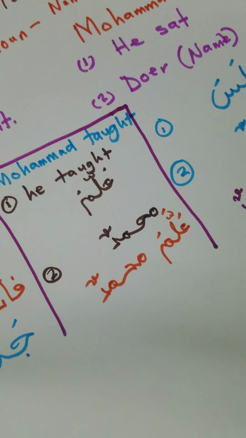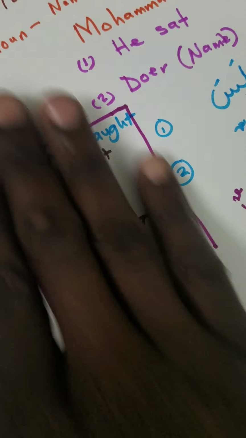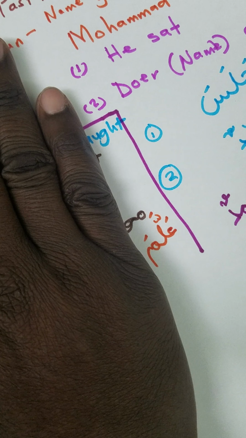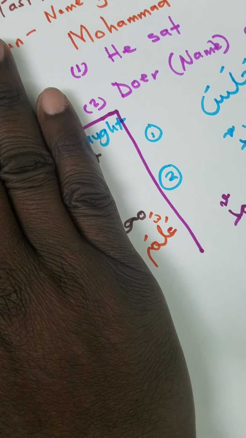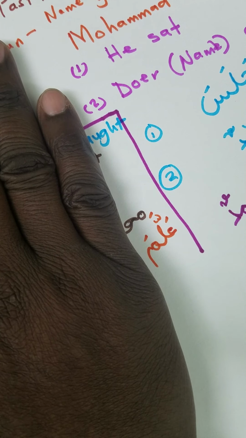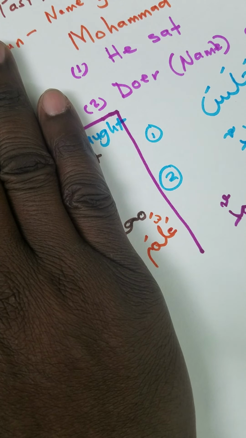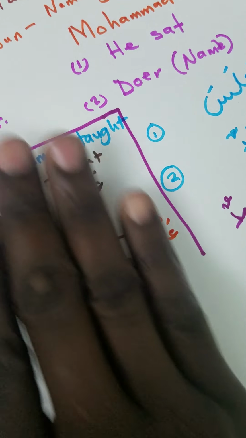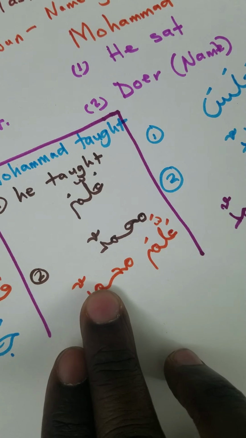So that is Muhammad taught. Before, if you say he taught, you simply put this Allama. So in Arabic, apart from English, don't make these direct translations that he taught, Muhammad taught, and you say Muhammad Allama. No, you have to bring the verb first, then the doer comes last.